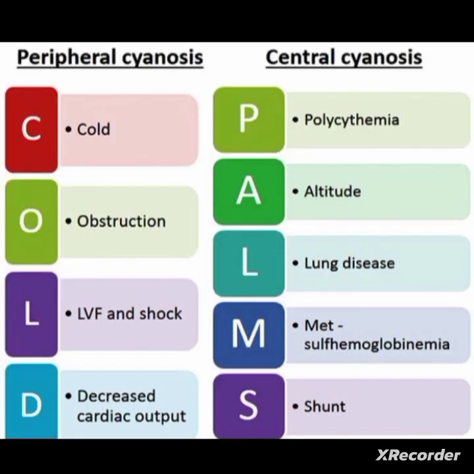When we are assessing the causes of peripheral cyanosis and central cyanosis, we can learn the causes by studying the mnemonic called COLD for peripheral cyanosis. The causes are exposure to cold, obstruction to the blood flow, left ventricular failure, and shock with decreased cardiac output.